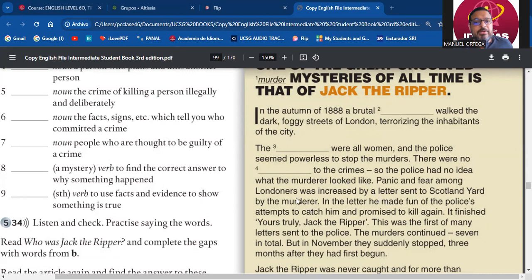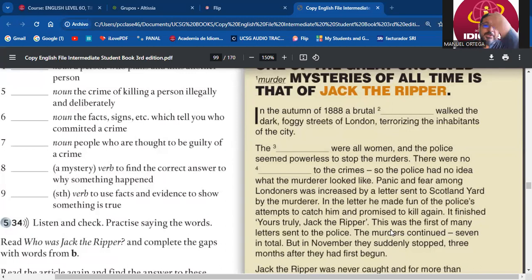Panic and fear among Londoners was increased by a letter sent to Scotland Yard by the murderer. In the letter, he made fun of the police attempts to catch him and promised to kill again. It finished, yours truly, Jack the Ripper.